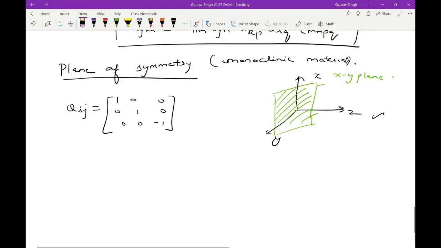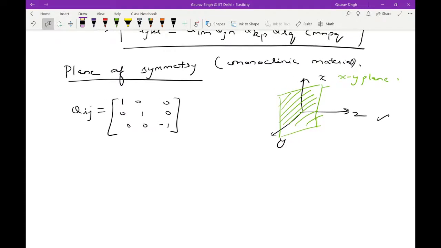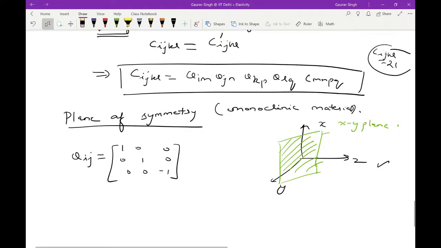Now what we want to do is substitute this transformation into this one. So let's see how we can do this.